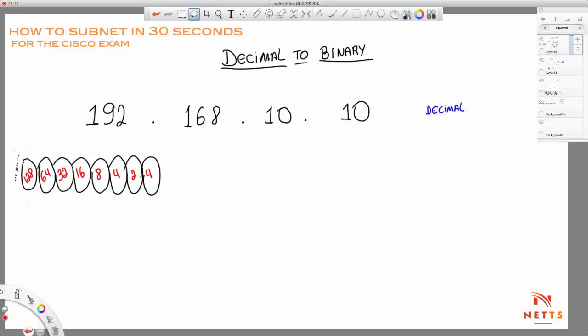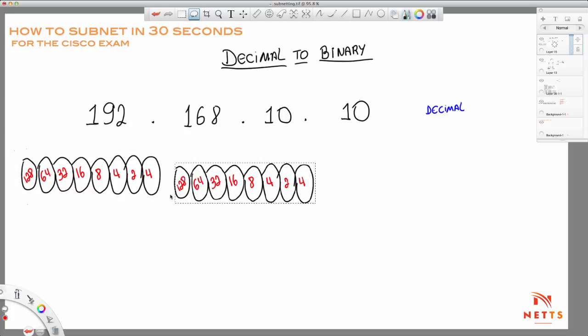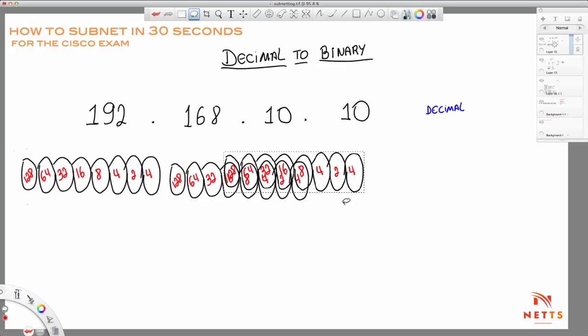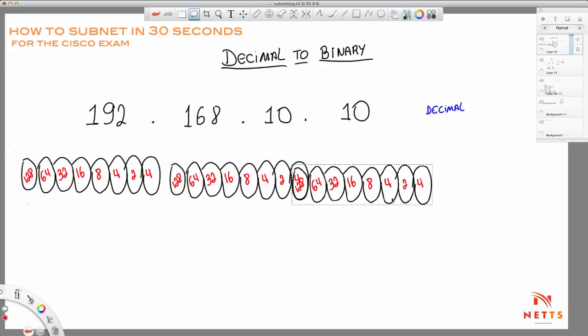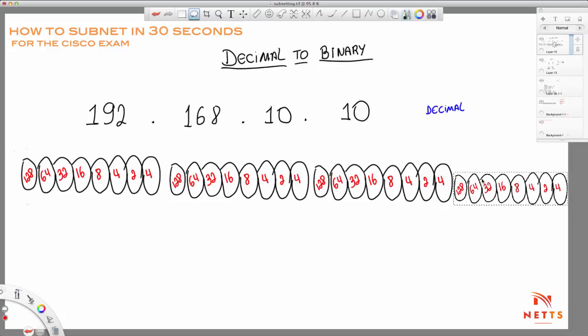I'm going to copy and paste this section here and make the second one for the 168, the third one for the tens, and the last one.